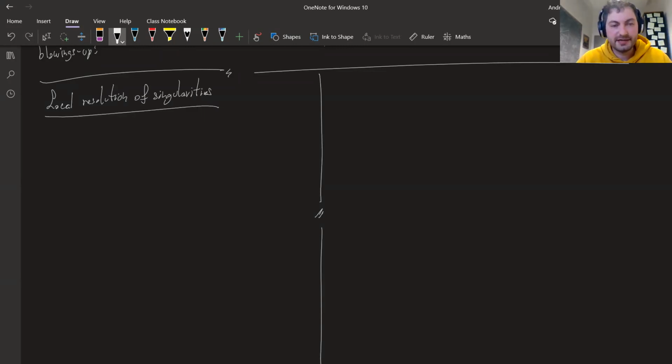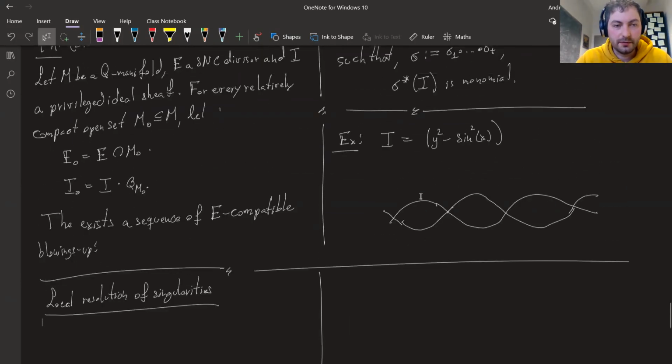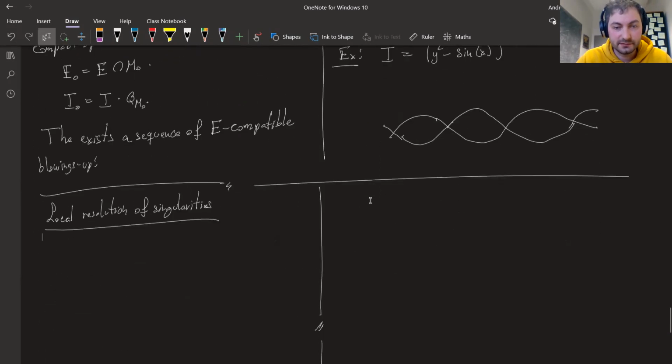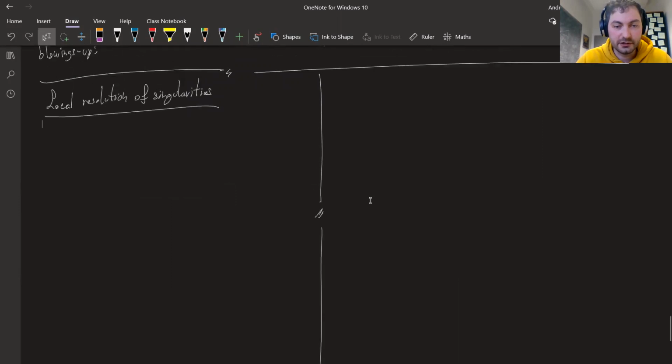Which is going to be more adapted to when we talk about sets, and especially to Q subanalytic sets, as we're going to see. Exactly because we cannot always assume that things are privileged. So here we start by saying what a local blowing up is. We already saw the typical example.